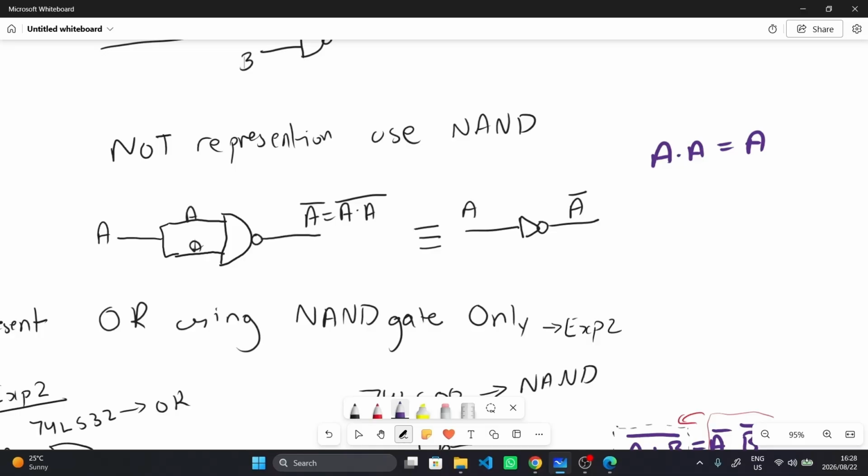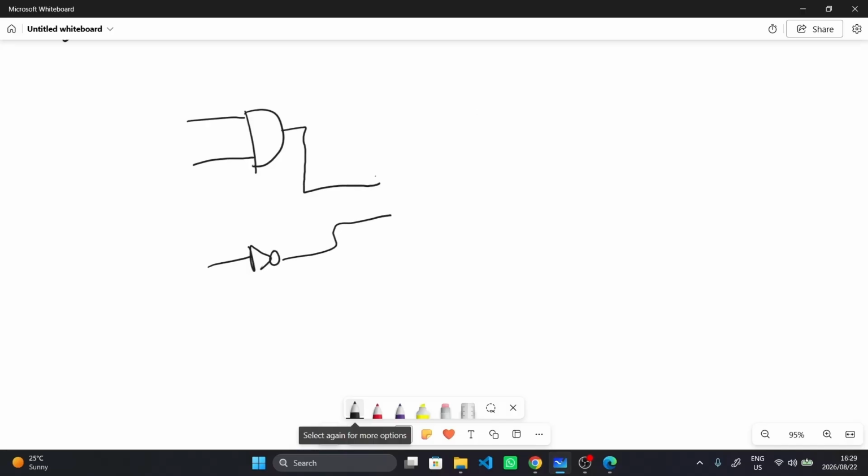So yeah, maybe let's just do an example. Have this logic diagram. You have your AND gate, right? And then you have a NOT gate that goes to an OR gate. Then you have your output, right?